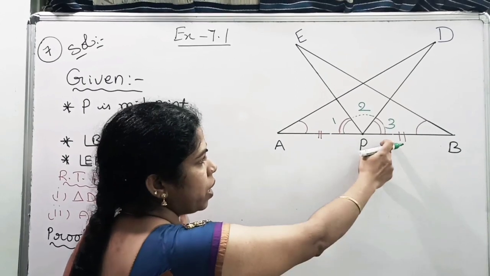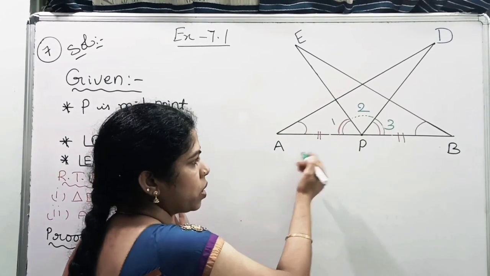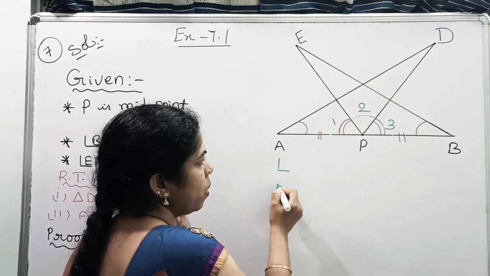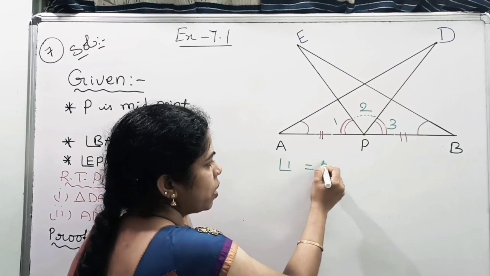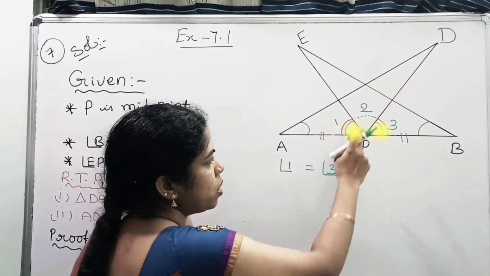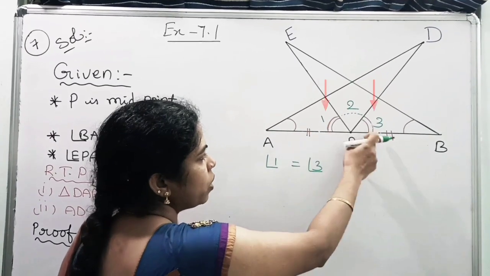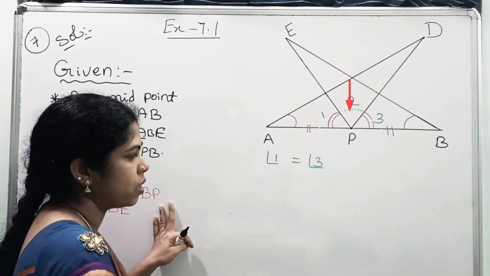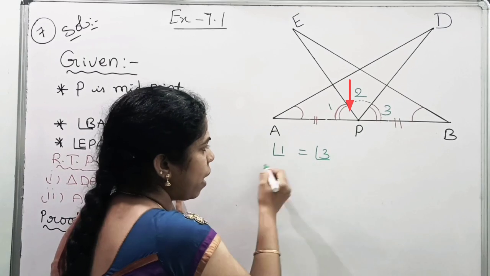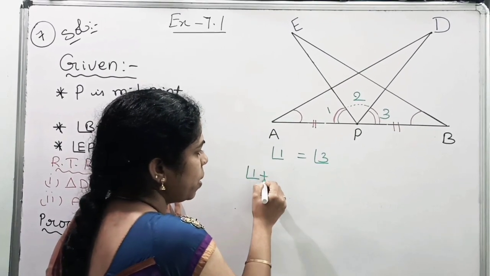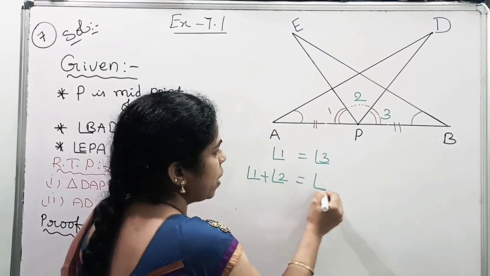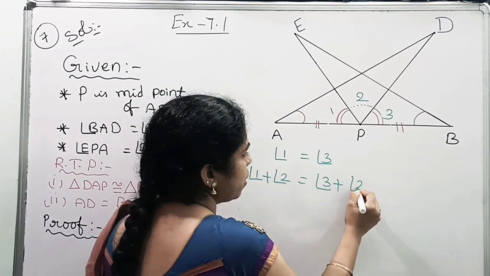And already we know that angle 1 is equal to angle 3. It was given in the sum. So this part is combined part for both the triangles, which is missing. So we'll add on both the sides. Angle 1 plus angle 2 is equal to angle 3 plus angle 2.